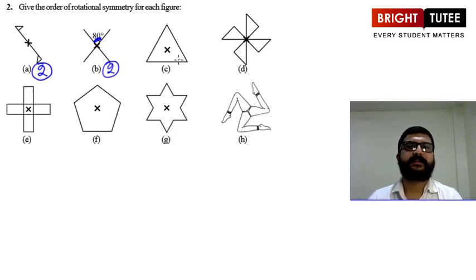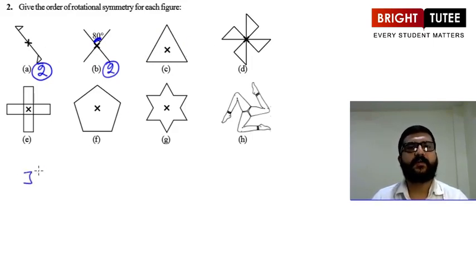Now let's see the next one. Here the C part. What we need to do here is find the order of rotational symmetry. By which angle should we rotate this? This is an equilateral triangle. All the angles are 60 degrees each. Now if we rotate this by 120 degrees, we will get the same triangle again.